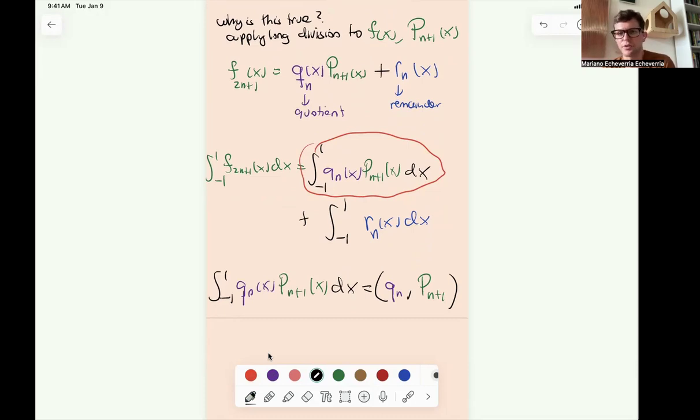That is actually how the inner product was defined, or the dot product, if you want to call it that. You just multiply the functions and integrate from -1 to 1. Now, I don't know if that's super obvious, but can anyone take a guess on what this inner product should be? If I'm asking for a number, the answer should be an obvious number.